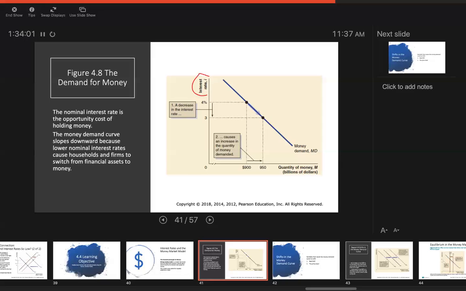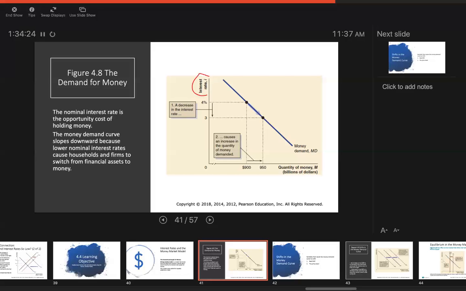So there is a negative relationship between the quantity of money demanded and the interest rate. If the interest rate is really high, the quantity of money demanded is low. It makes sense because the opportunity cost of holding cash, where it's not earning interest, is very high.